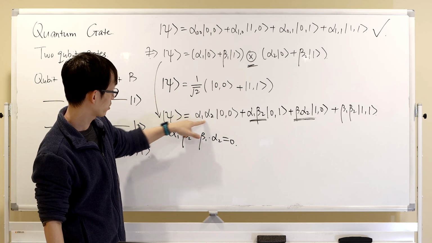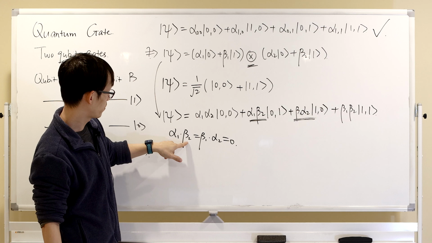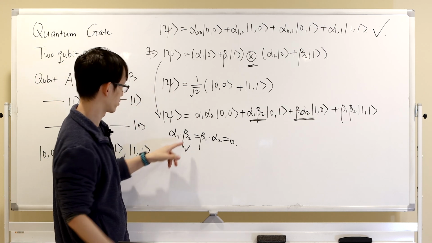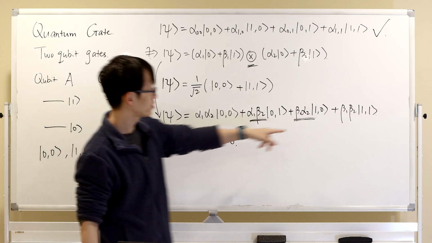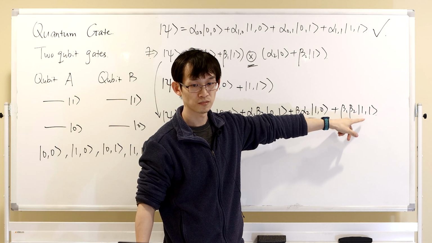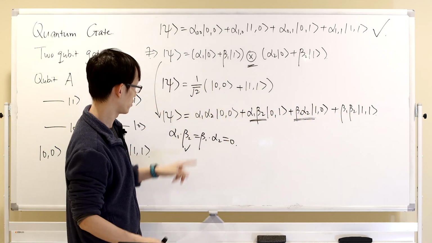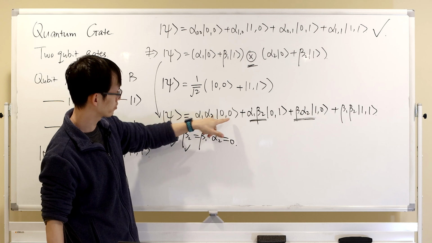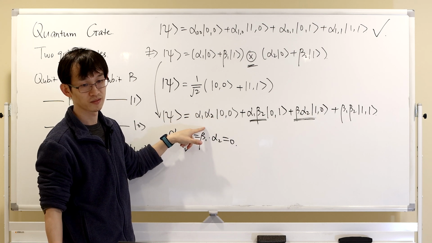Now, if you look at the coefficients in front: if beta 1 goes to 0, then the coefficient in front of 1,1 goes to 0, and if you pick alpha 1 goes to 0, then the coefficient in front of 0,0 goes to 0, right?